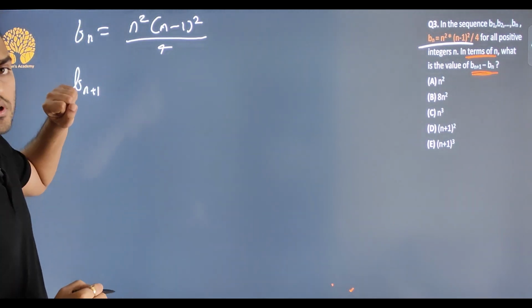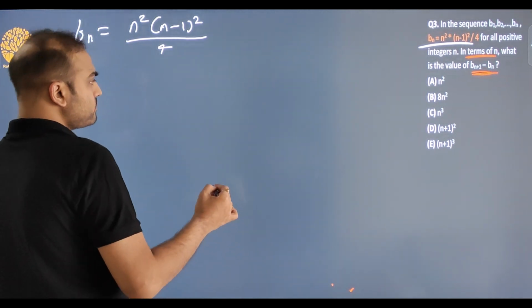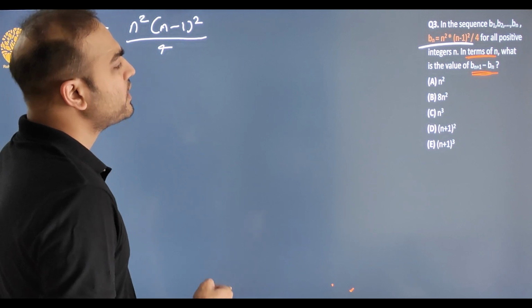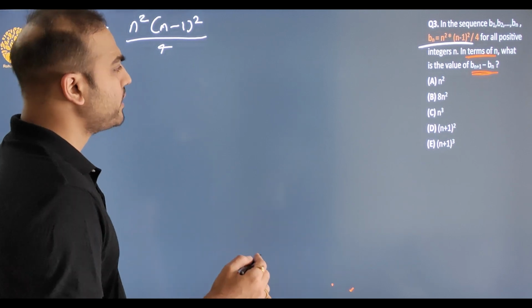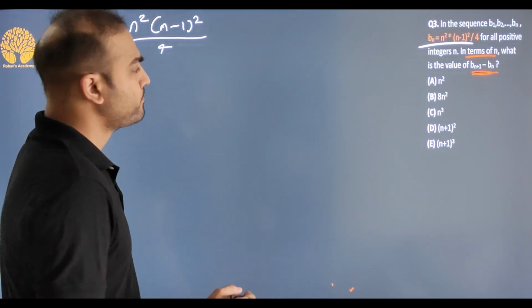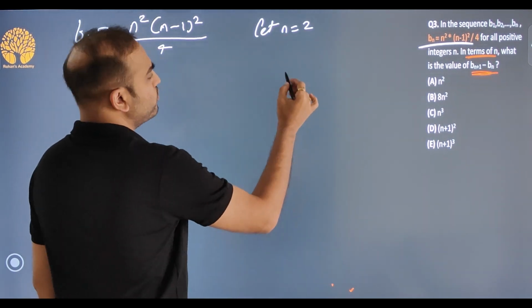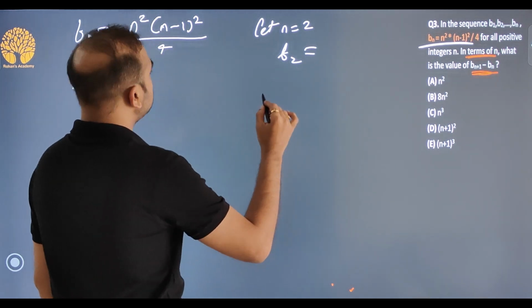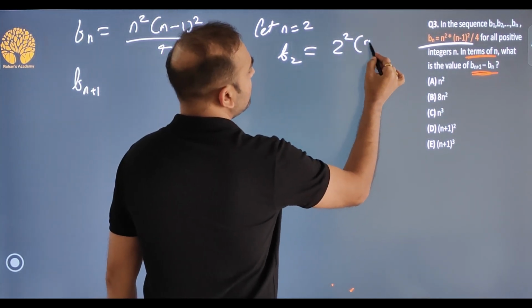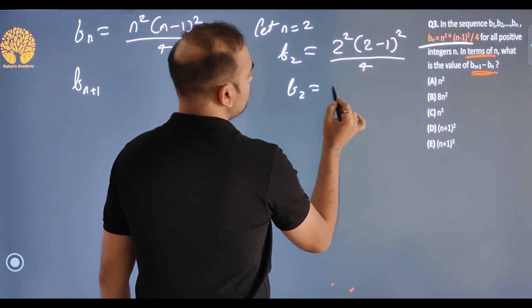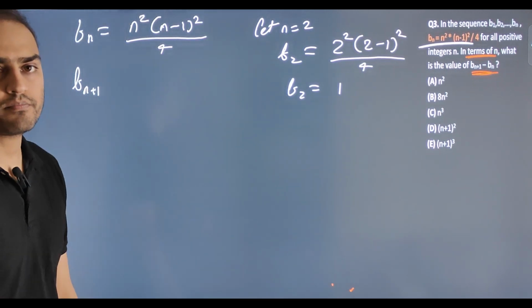Let's look at some random value, say n is 2. You write b2 is 2 square into 2 minus 1 whole square by 4. You solve it, you get b2 as 1, right?